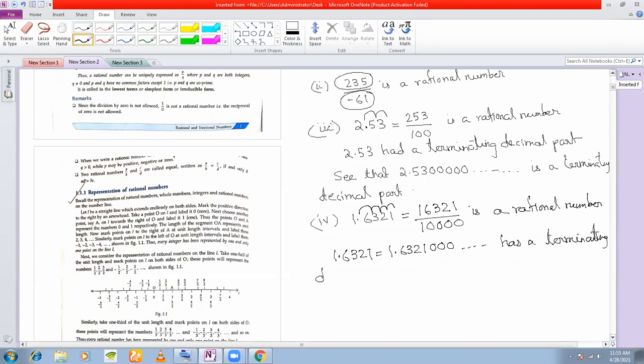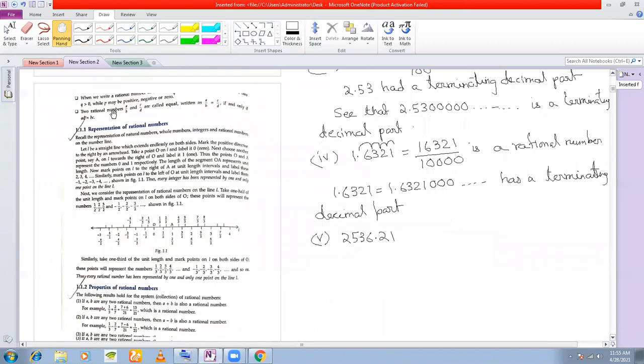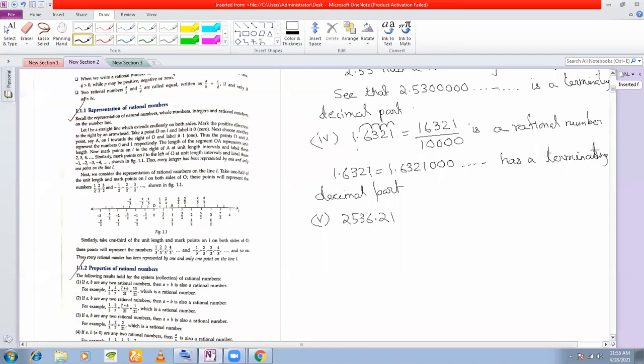So without even converting to a fraction, you can say whether a number is rational or not. For example, let us say 2536.21. Is this a rational number? Yes, sir, it is rational. Why?